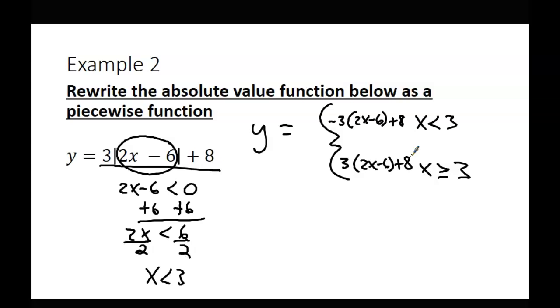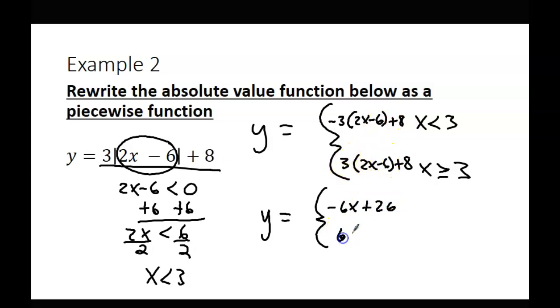However, since we're doing this so we can do calculus, which we will later, it's probably good to simplify these. Okay, so I'm going to simplify them. So, distribute, you're going to get negative 6x plus 18 plus 8 is plus 26.